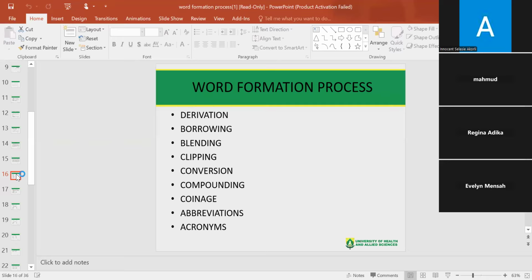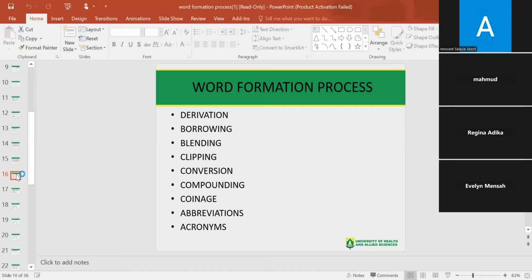Unlike compounds, this point is very important because it's an examination area, something the examiner can actually hit on. Blending has to do with using parts of existing words, not whole words, like in the case of compounds where you pick one word and another word and just put them side by side.